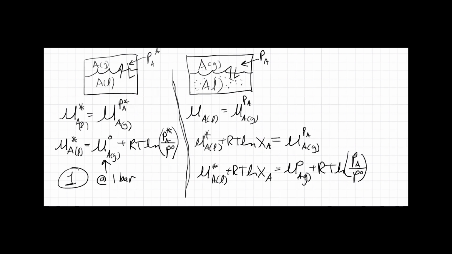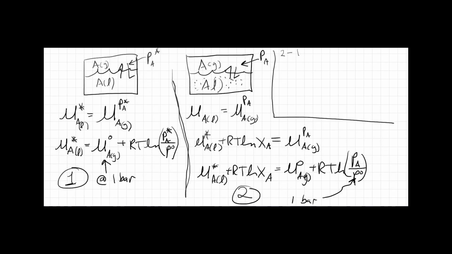Okay? So once we do this, and keep in mind, I think I emphasized this before, that this pressure P naught is 1 bar, right? This is just a standard pressure. Okay? Once we do this, we can call this equation 2, and then say, what is equation 2 minus equation 1?